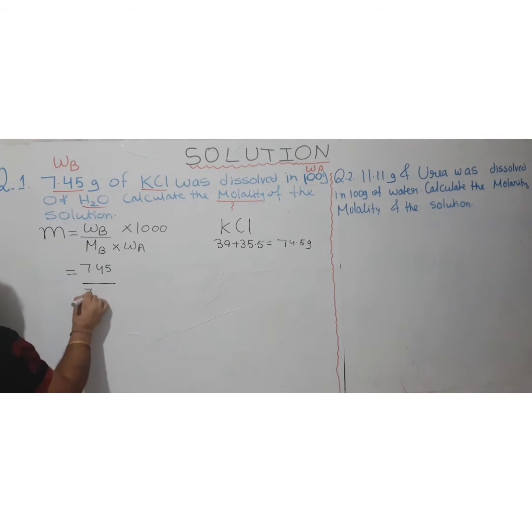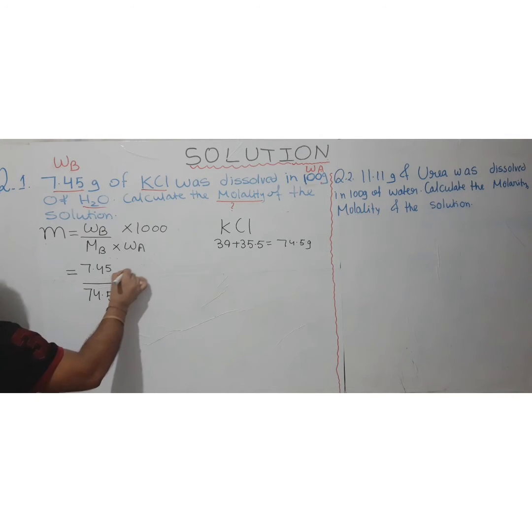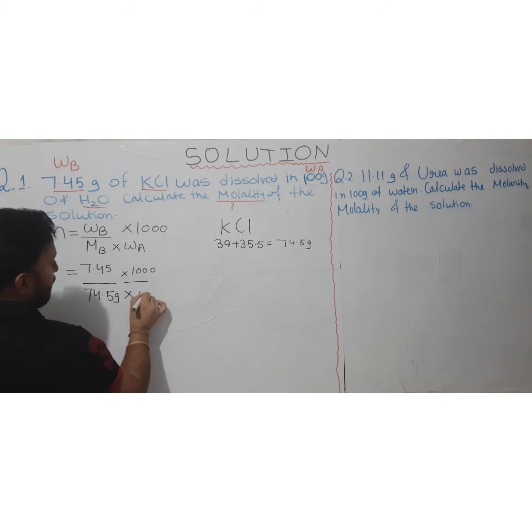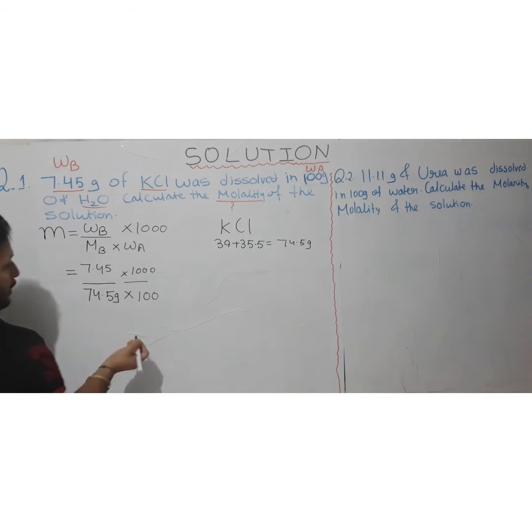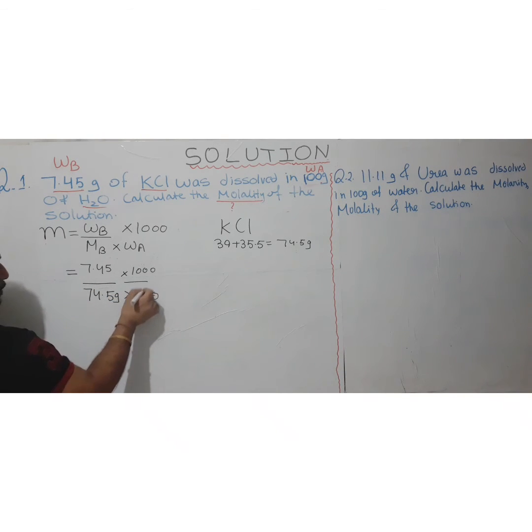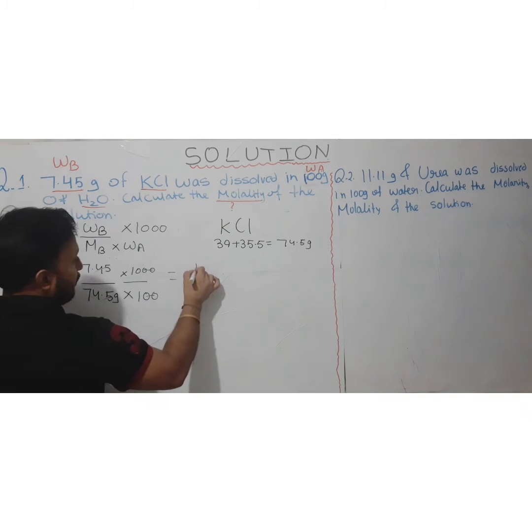So we will be using it here, 74.5 gram, then multiplied by 1000, and then multiplied by the weight of the solvent, which is given as 100. If you can see, the value is coming the same. If you divide this and solve it, it will come 1.